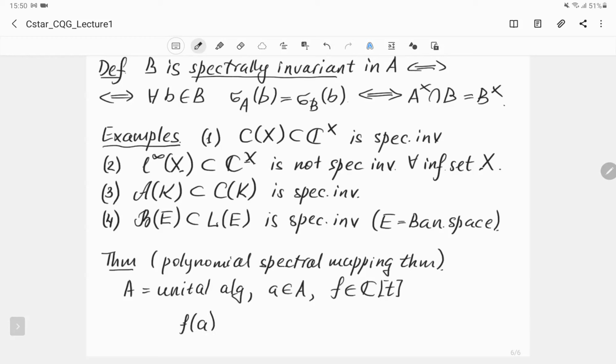This is a well-defined element in our algebra. And we can calculate the spectrum of this element. And in this case, we have the following simple and easy to remember formula. The spectrum of f of a equals f of sigma of a. That is the image of the spectrum under f.